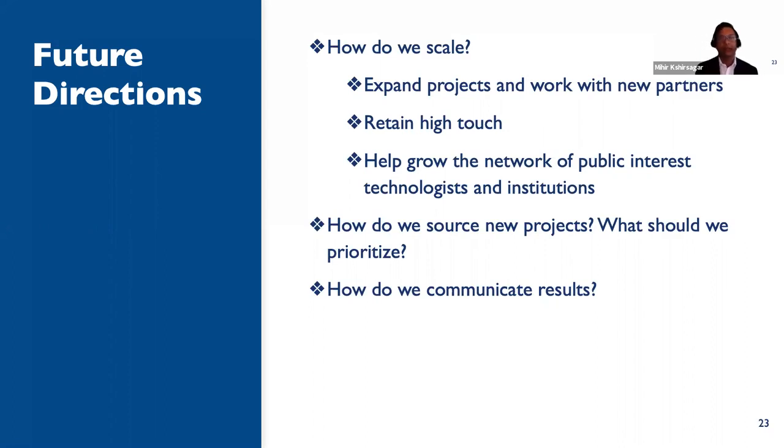But we were able to transition to a virtual program, find them internships with the Federal Trade Commission, with the Consumer Financial Protection Bureau, and with the New York City Mayor's Office of the Chief Technology Officer. And these students worked on fascinating issues.